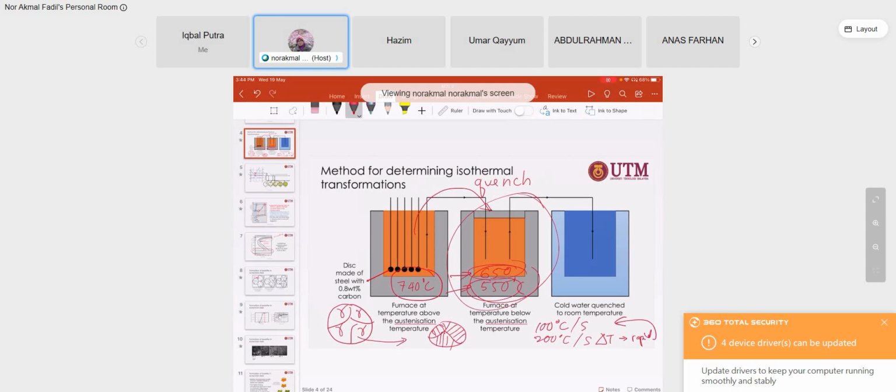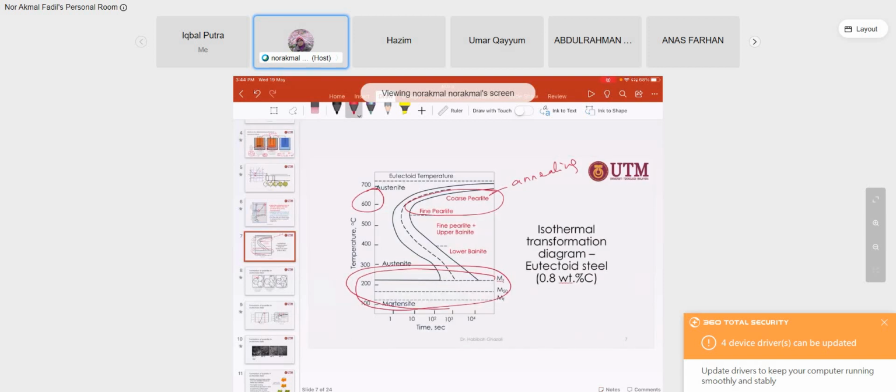Okay, but if you want other microstructure such as lower bainite and martensite, you need to know what is the temperature. Okay, for example, if you want to get martensite, you need very fast cooling, less than 1 second. This is the time.